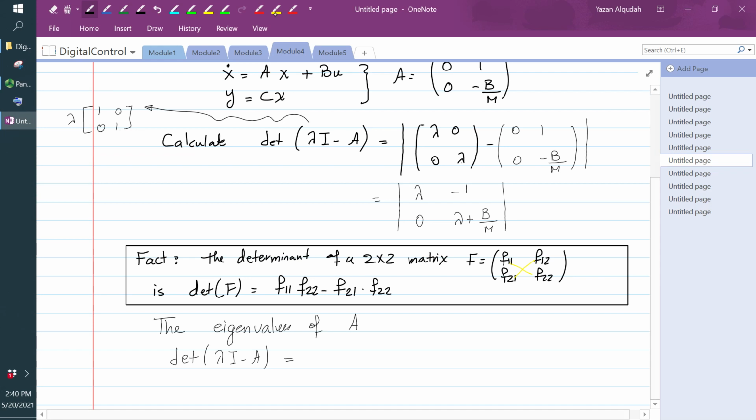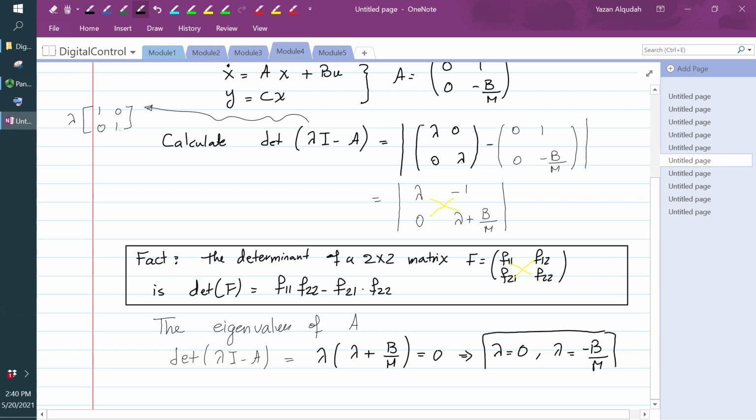So again, I multiply this with this, and subtract this multiplied by this. I get lambda multiplied by lambda plus b over m, and this is equal to 0. This means I have lambda equal to 0 and lambda equal to negative b over m.